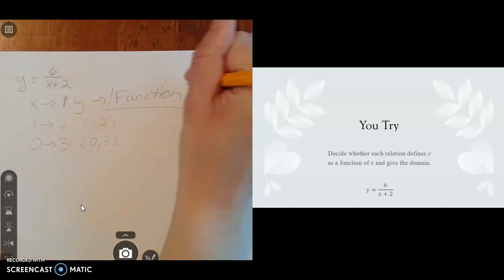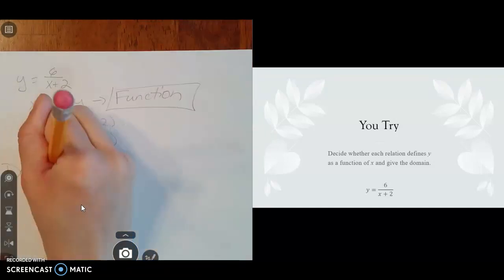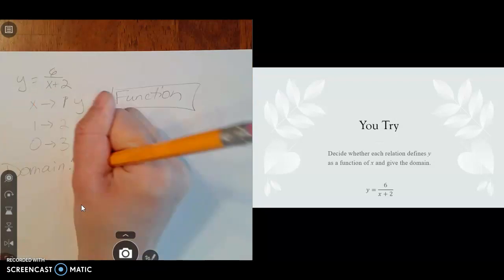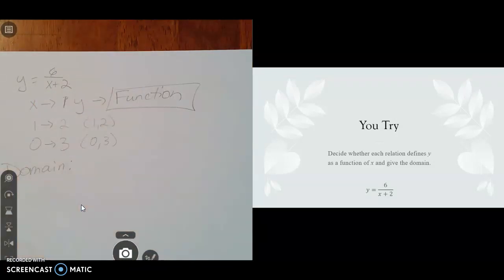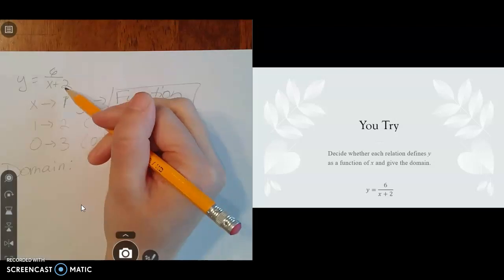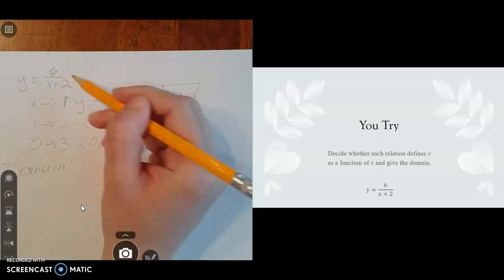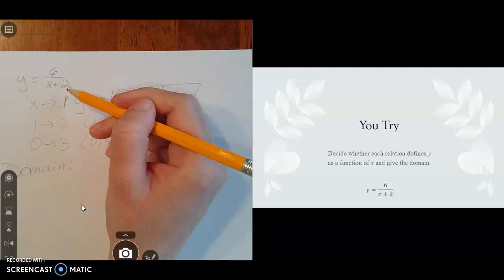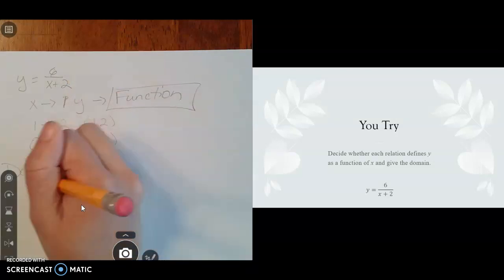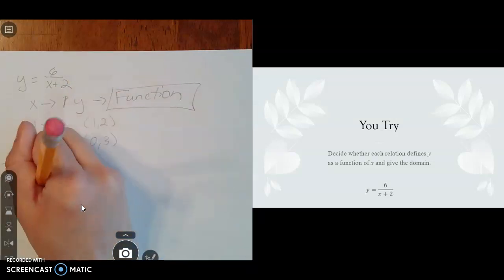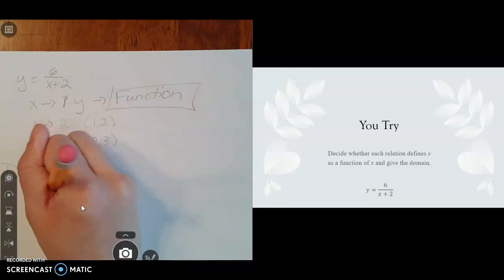All right, what about the domain for this one? The domain is all of the x values that get used in our function. The only real restriction we have, if you remember rational expressions, is that you can't divide by 0, because dividing by 0 gives you an undefined value. So the denominator, the x plus 2, can't equal 0.